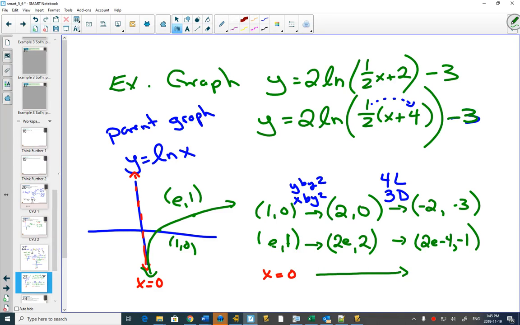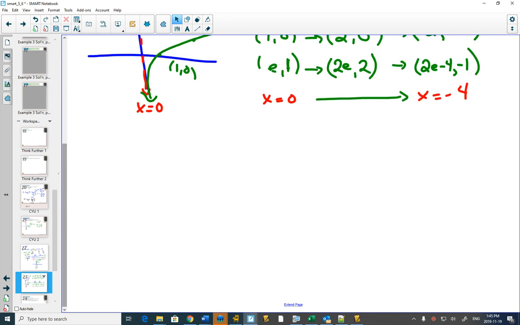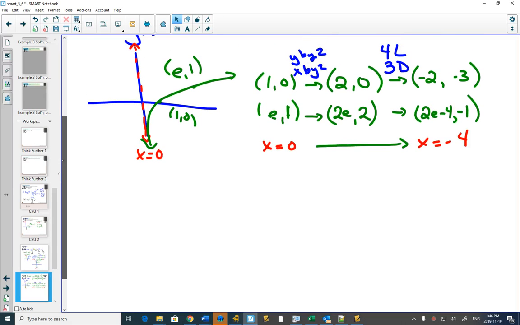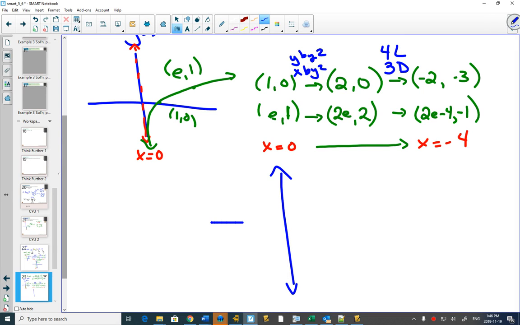Finally, our asymptote. The only thing that's going to affect an asymptote is moving left and right, and we're moving 4 to the left. X equals minus 4. So now we can go sketch our graph.